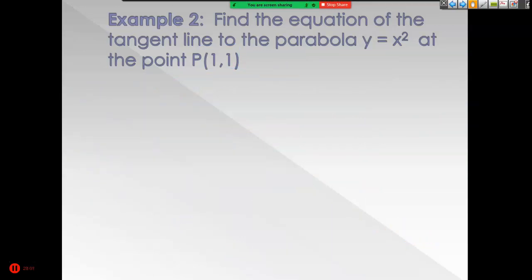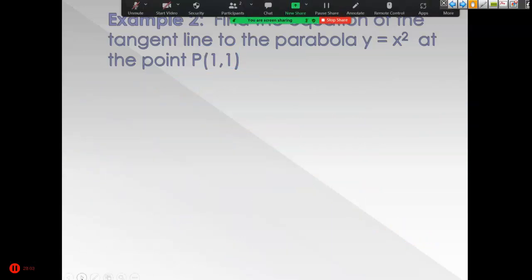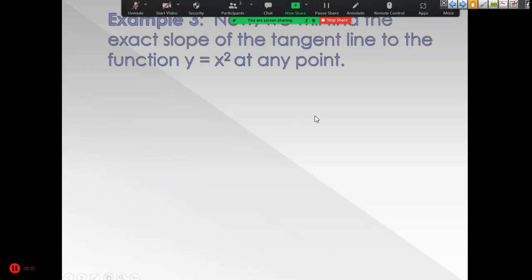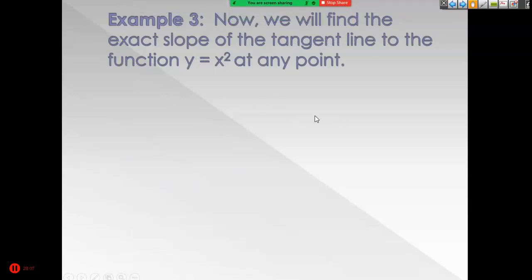We can generalize this, which leads us into actual derivatives for chapter 2. So we could generalize this if we wanted to know the slope at any point. Instead of plugging in a equals 1, we're going to leave a as a.